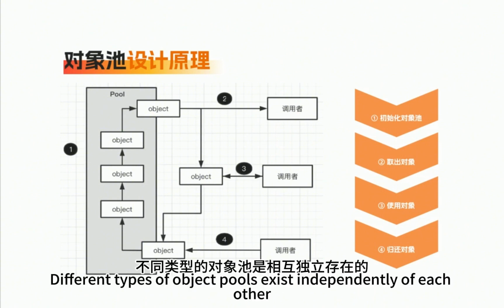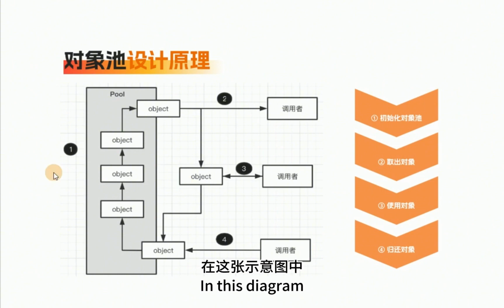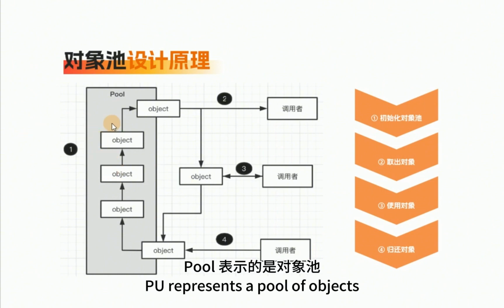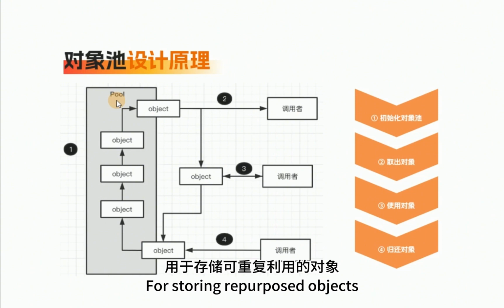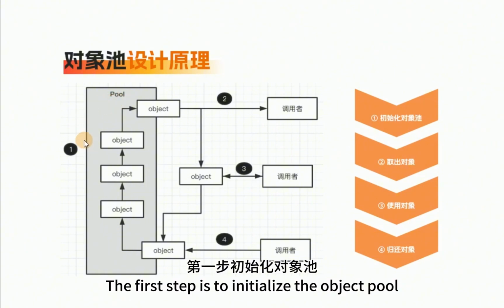Different types of object pools exist independently of each other. In this diagram, the pool represents a pool of objects for storing reusable objects. The first step is to initialize the object pool.